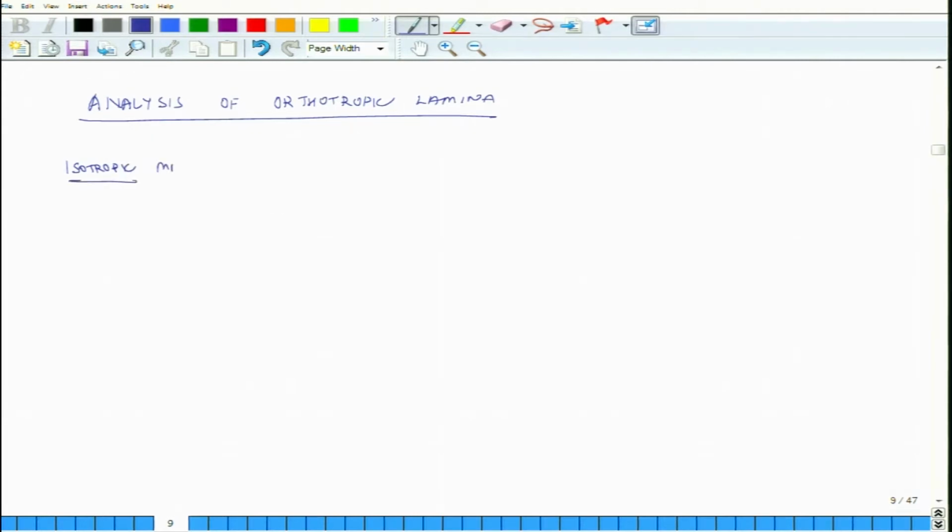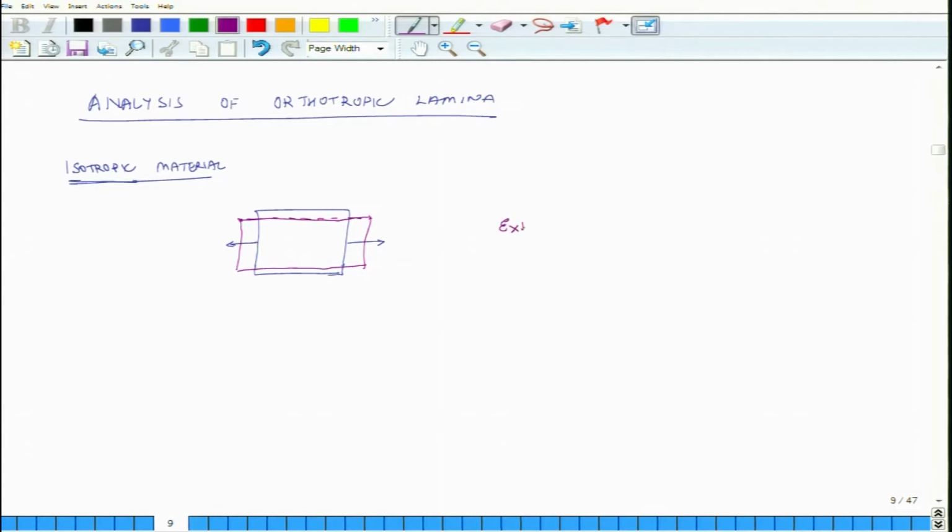For such a material, if I pull it, I only apply an extensional force on it, then it becomes longer and also it becomes thinner or slimmer. So, this is the response.